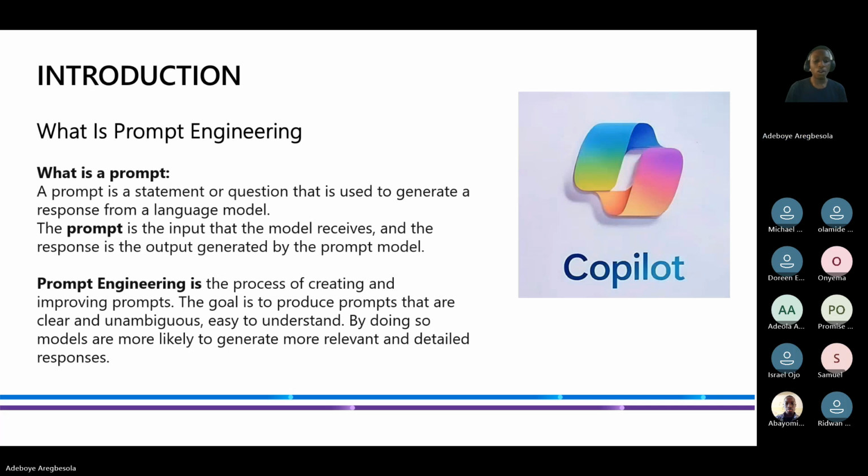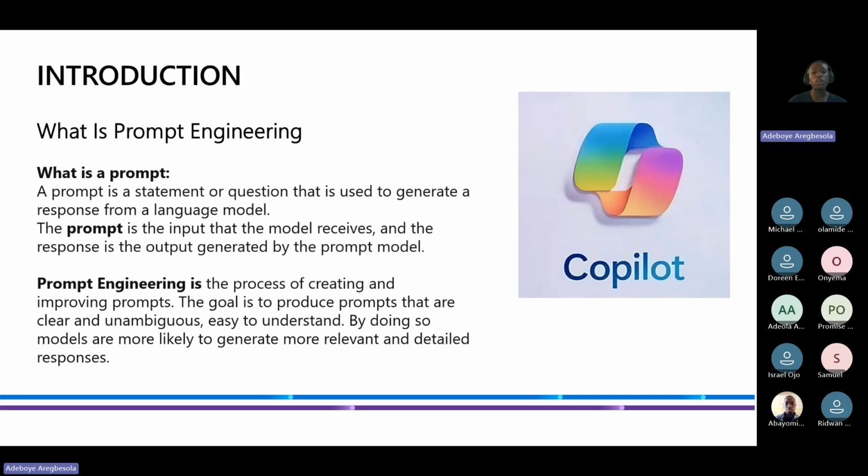The reason we're talking about prompt engineering is that the model depends on the efficiency of your prompts. How well you structure your prompts will determine how well the model responds to you. Prompt engineering is the process of creating and improving prompts. The goal is to produce prompts that are clear and unambiguous, that is, easy to understand.